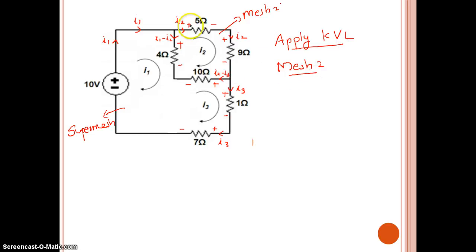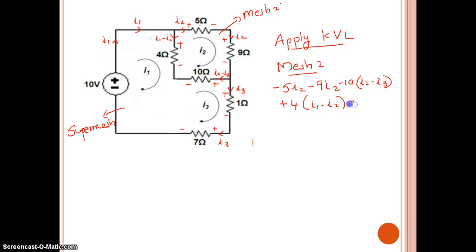For mesh 2, I assign the direction like this. Plus to minus, minus 5 I2; plus to minus, minus 9 I2; plus to minus, minus 10 times the current, which is I2 minus I3; and minus to plus, it is plus 4 times I1 minus I2.